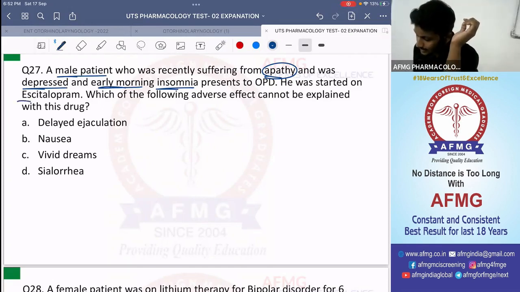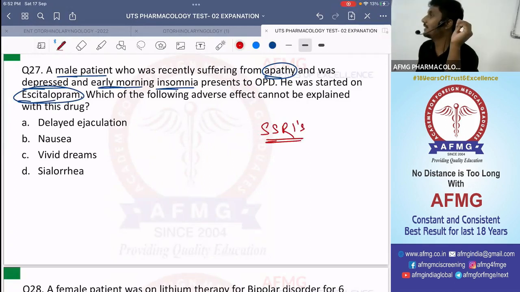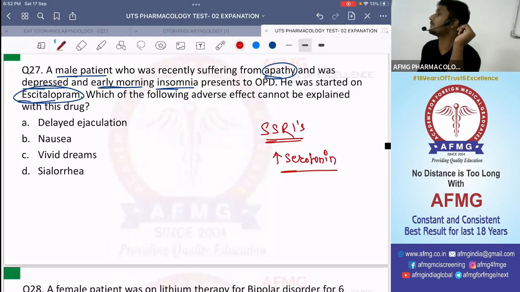He was started on escitalopram. Escitalopram belongs to which group of drugs? SSRIs, that is selective serotonin reuptake inhibitors, okay. It will only inhibit the reuptake of serotonin, thereby increasing the levels of serotonin in the synapse. As it increases the levels of serotonin in the synapse, that will help in overcoming, what is the diagnosis?